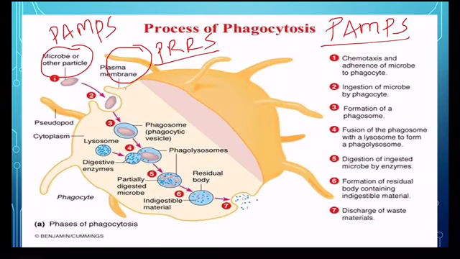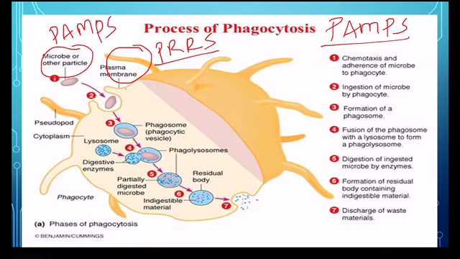If the antibodies or complement are involved in binding to the macrophages or the phagocytes, then that process is called opsonization. Opsonization is derived from a Greek word. Opsonization means it is tasty. Like this, the microorganisms and the phagocytes are recognized by their receptors and they are bound to each other.